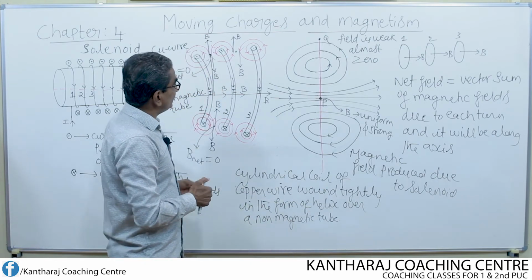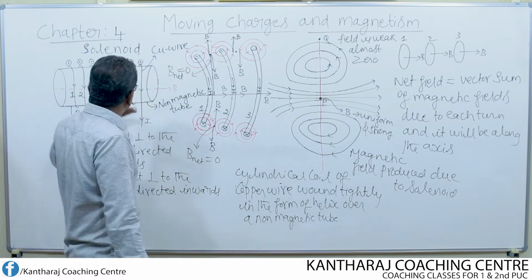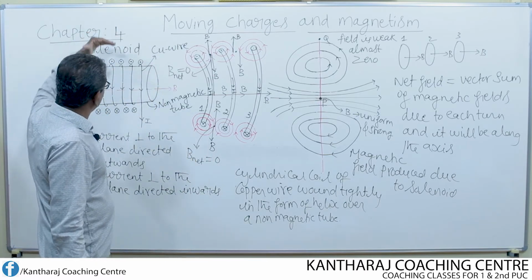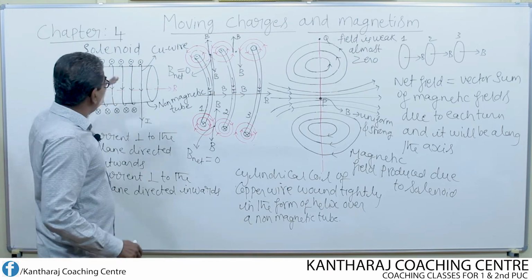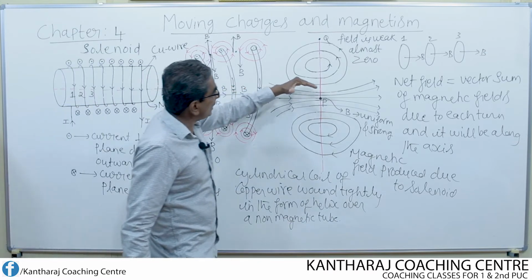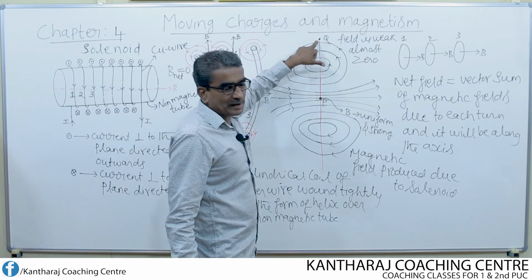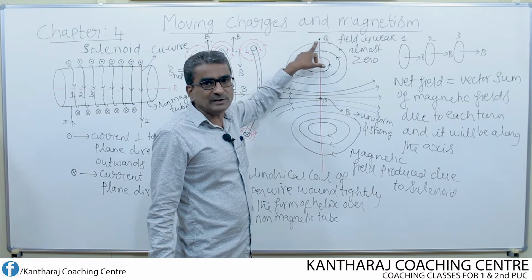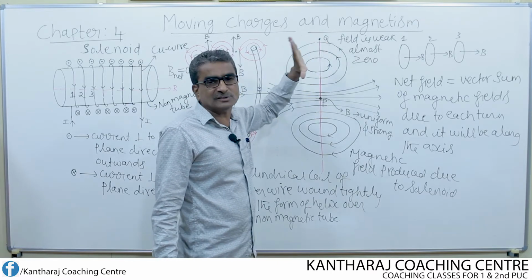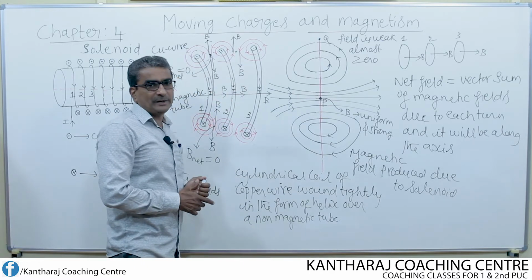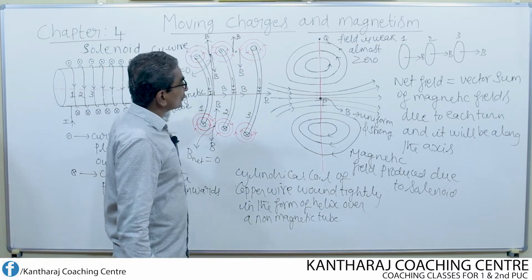Then thirdly, what you have to understand is, as we move away from the solenoid, both at the top as well as at the bottom, that means outside the solenoid, the field goes on decreasing, and at some point the field is found to be very, very weak, and we can consider that field as almost equal to 0. So this is how the field pattern will be due to the solenoid.